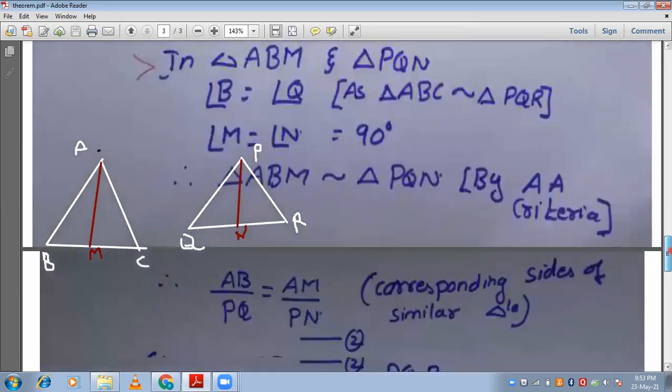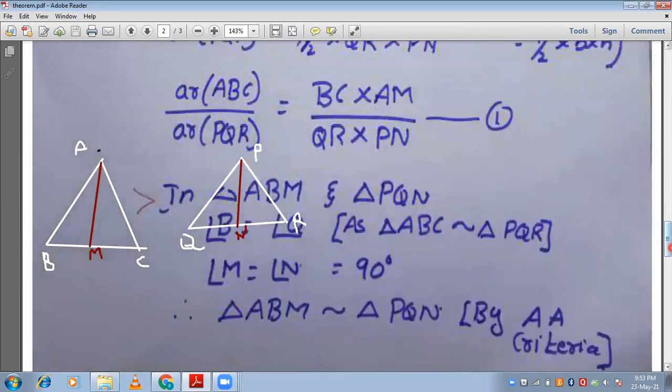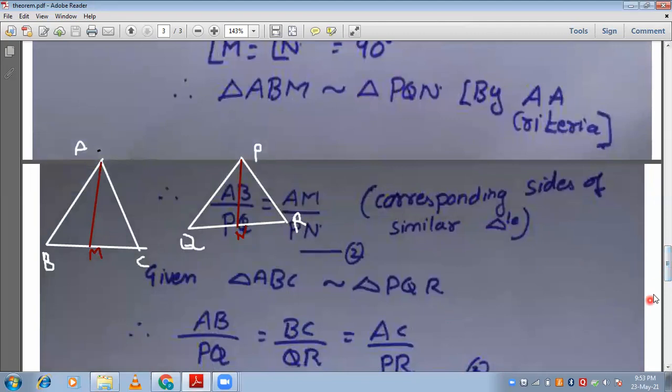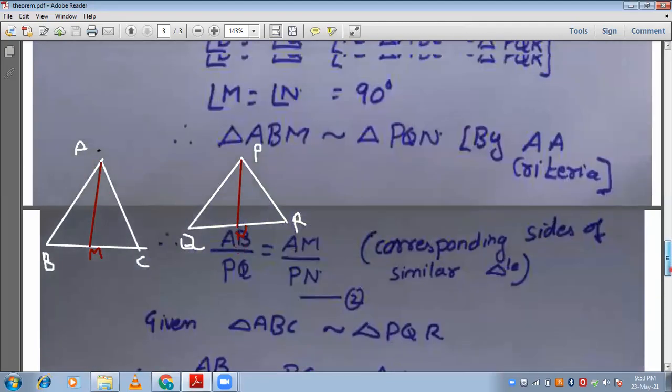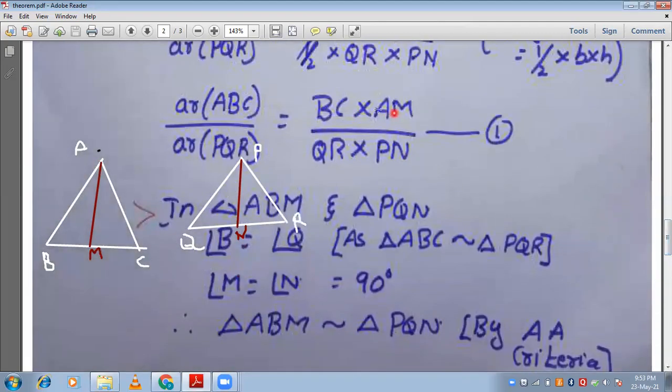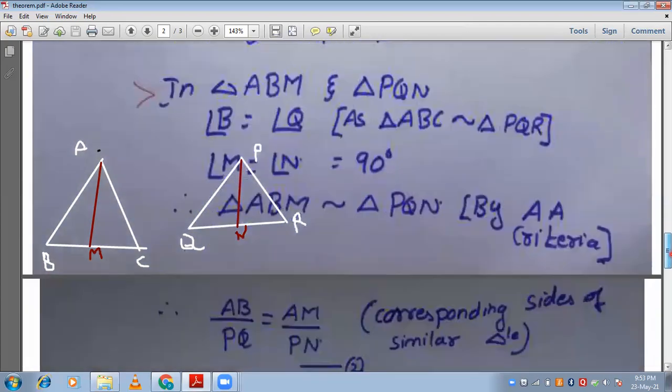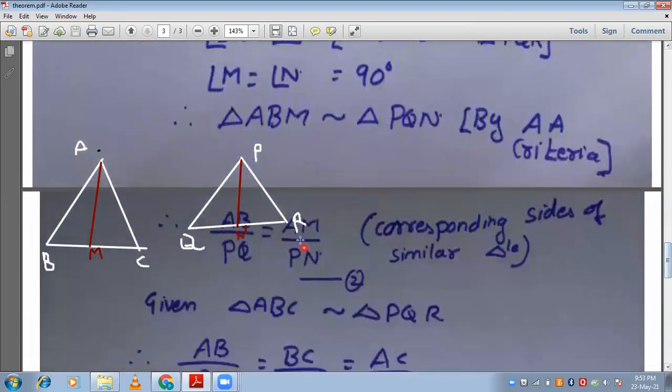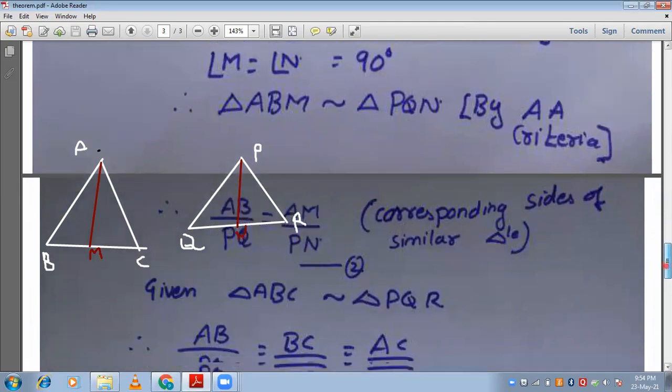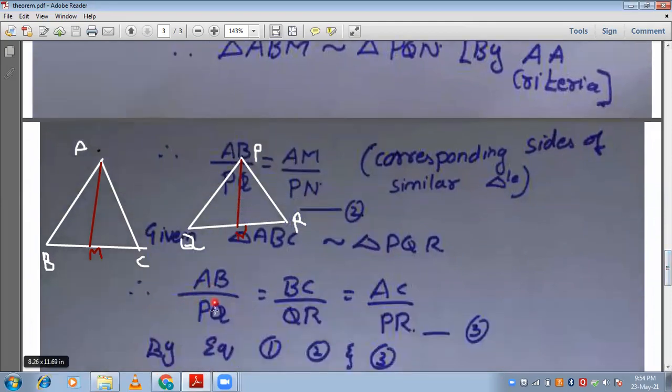Combine equations 1, 2 and 3. In 1, what is there? BC into AM divided by QR into PN. In the place of AM by PN, you can put AB by PQ. In the place of AB by PQ, you can write it as BC by QR.